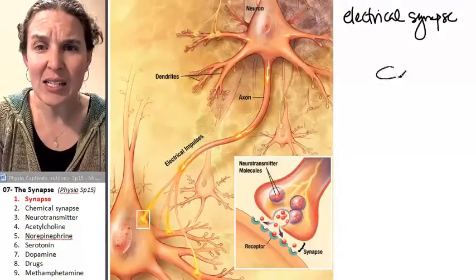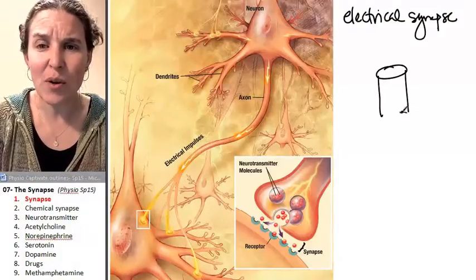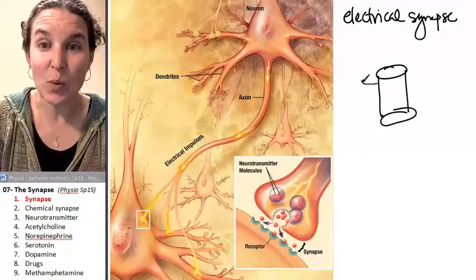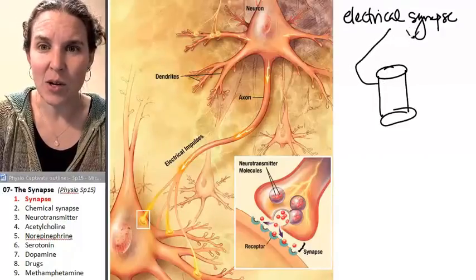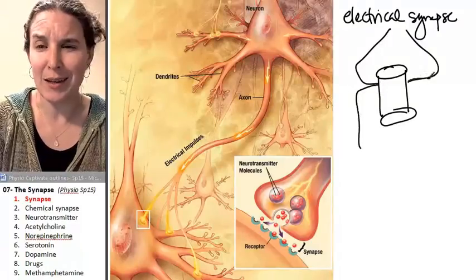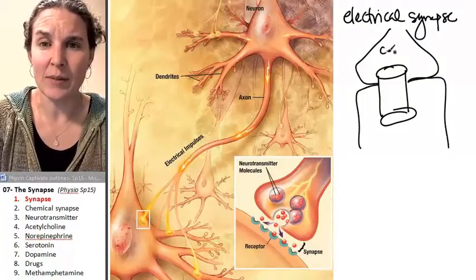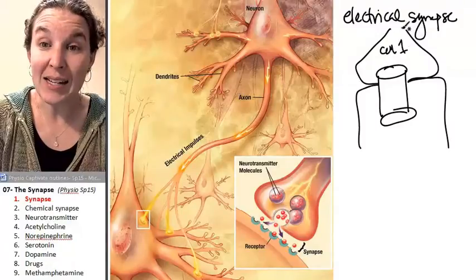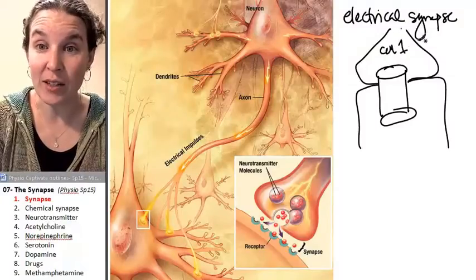You throw a gap junction between, go with me on this, cell 1 that has electrical information traveling through it. Here comes the electrical information.